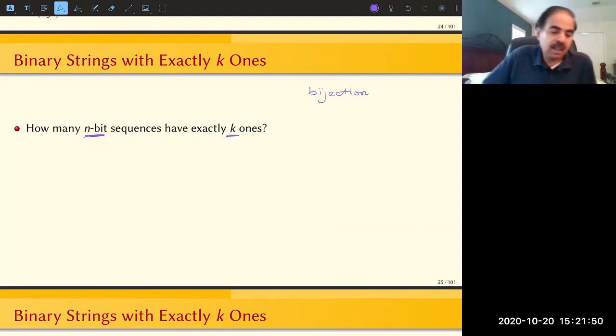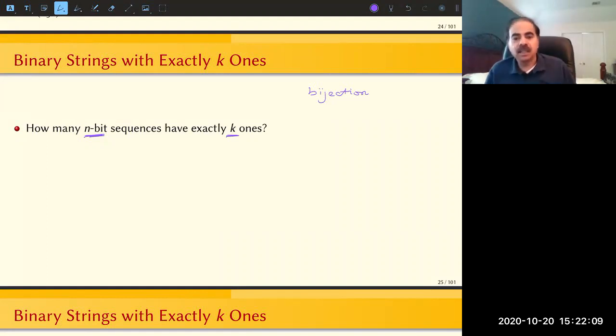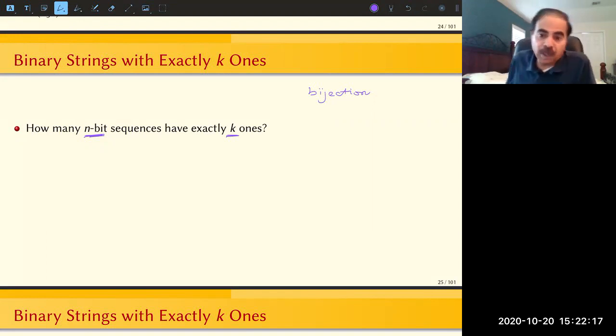And sometimes we don't realize consciously that we are constructing a bijection in order to count. But there are going to be other problems where you need to explicitly think about bijections because it's hard to count in the original problem. But then if you map it into a different problem, in the new problem you're able to count very easily.